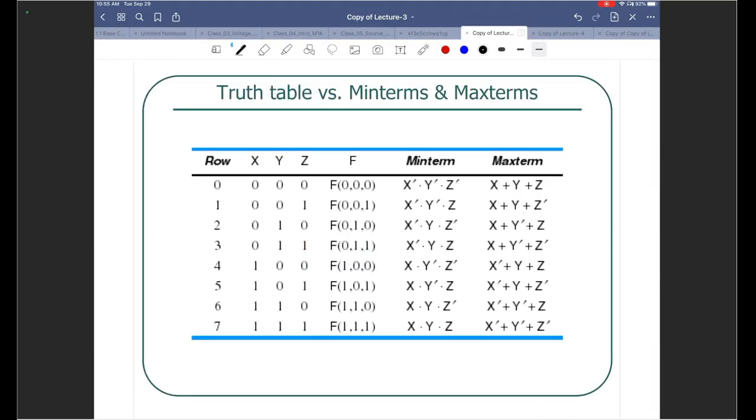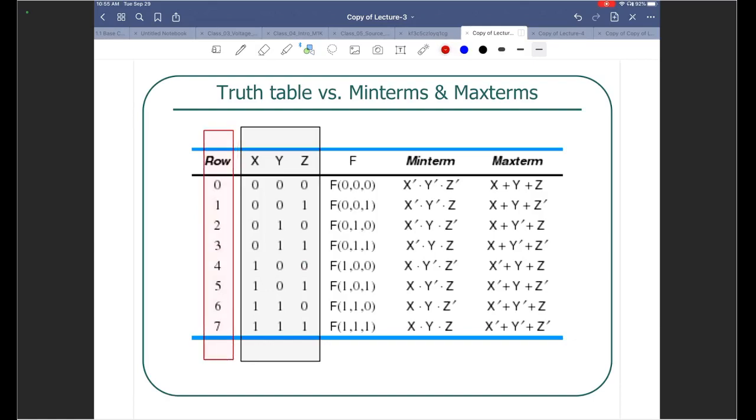There are 3 inputs to the function, x, y, and z. And just to make our life easy and be able to write very compact expressions, we included a column for the row numbers. So we have a number between 0 and 7 denoting each particular row in the truth table.